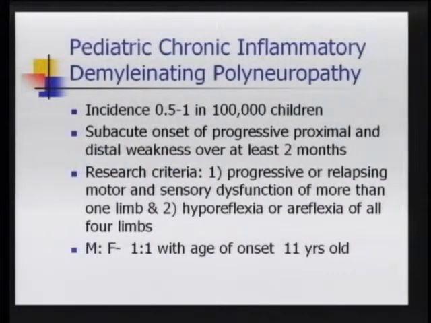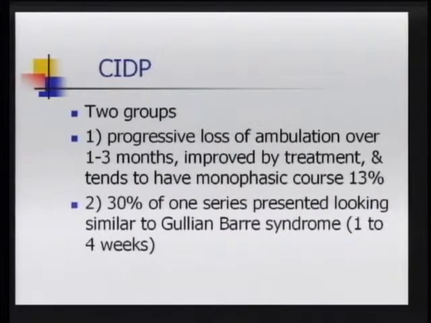In general, for the most part, in a lot of centers I've been in, the ratio of female to male has actually been about 2-to-1, so it's a little different from my experience. There are 2 groups that present. One is a progressive loss of ambulation over 1 to 3 months.